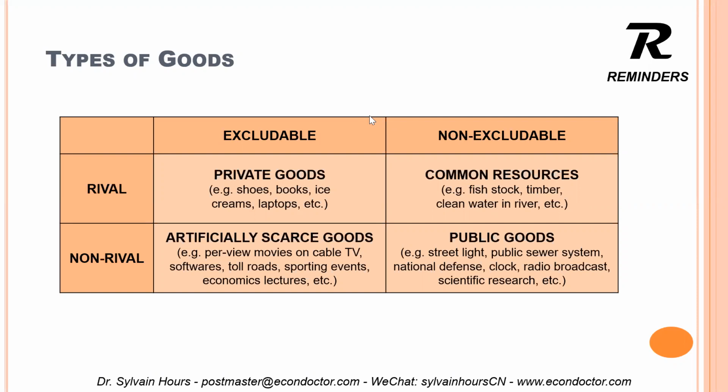We have a definition of public goods, and we are able to give examples of public goods. What we must be able to do now is to explain why the market fails in the presence of a public good. And actually, there are two reasons for which the market fails.